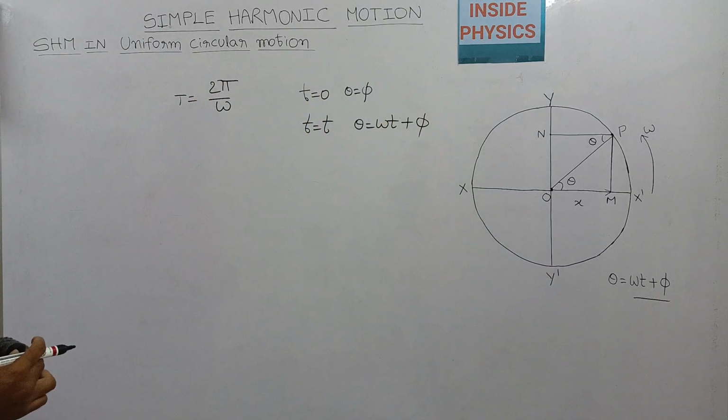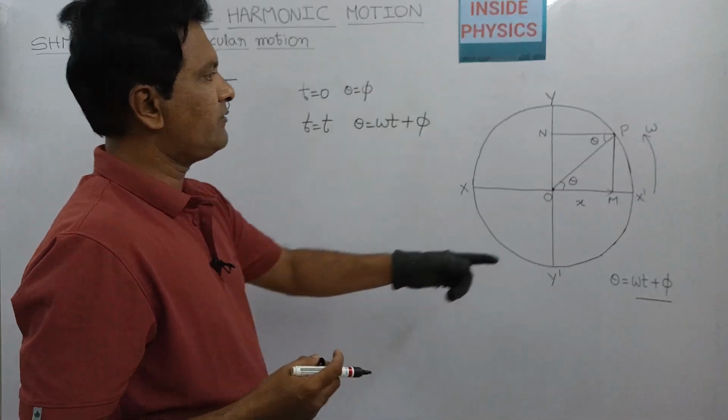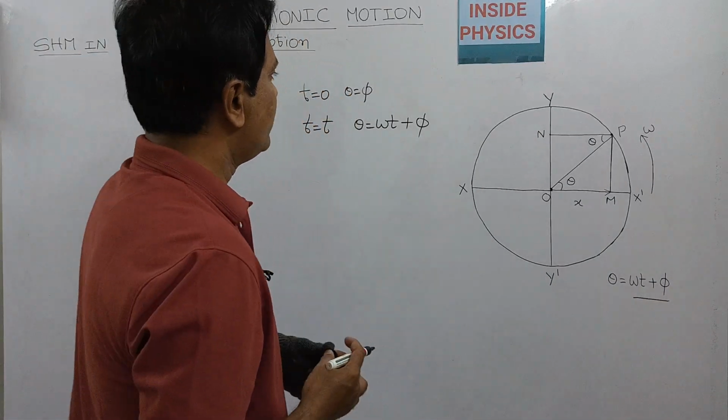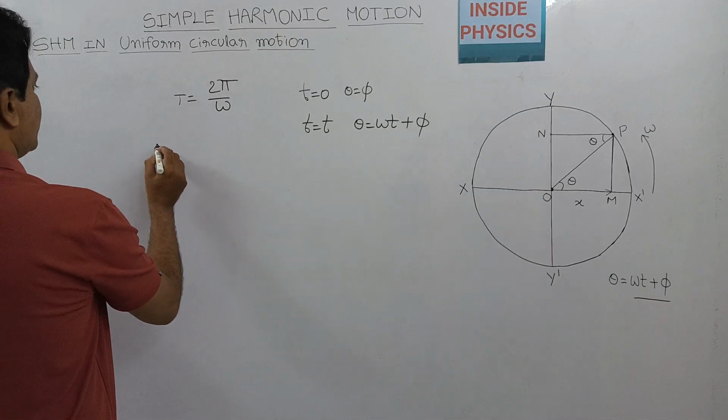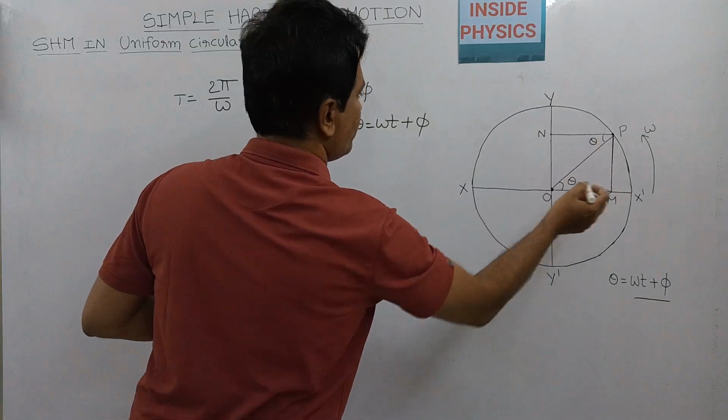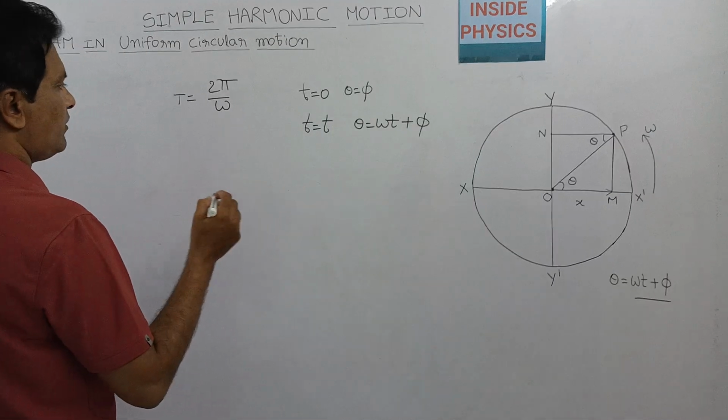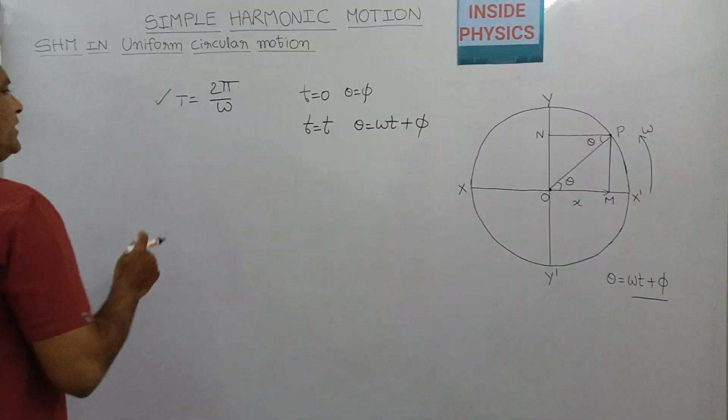So here, if T is the time period of one revolution for the particle, then we can easily say the projection PM is also making one oscillation in the same time period.